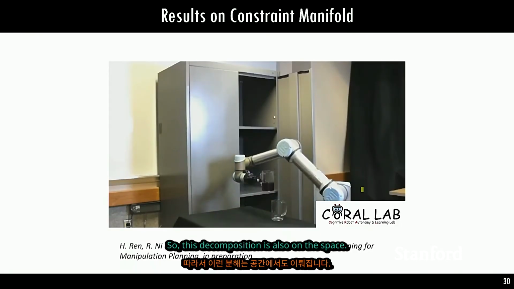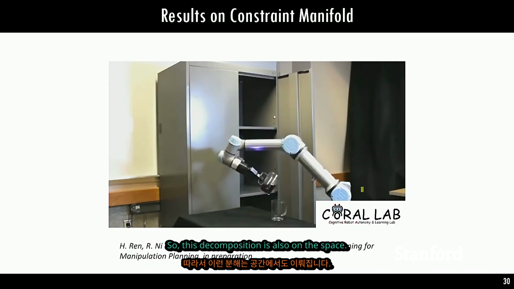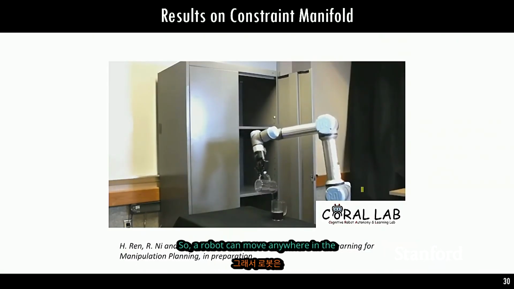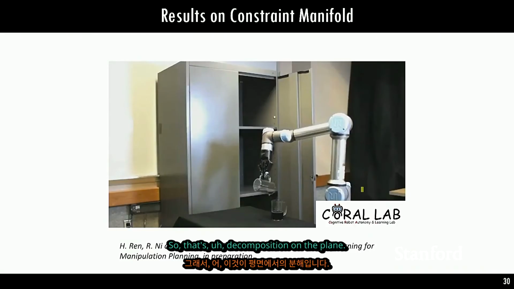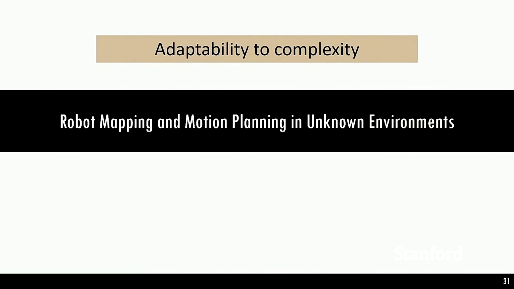This decomposition is also on the space, so a robot can move anywhere in the environment. That's decomposition on the plane. Then we have decomposition on the manifolds. All these multimodal problems are being solved, and this paper we hopefully plan to submit to a conference very soon. We can solve the multimodal manipulation problems that you see very popular with imitation learning or data-driven approaches nowadays. We can solve all those problems with these models.